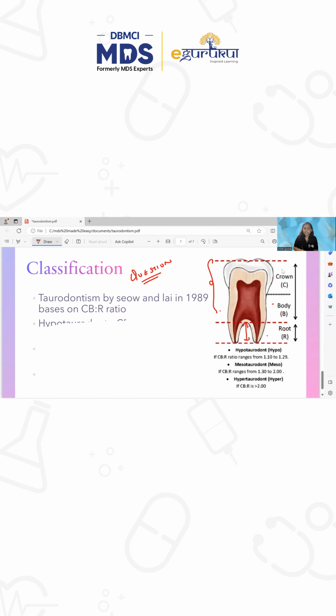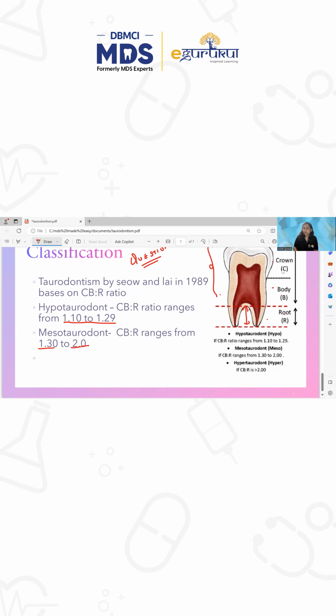Based on this, they have classified hypotaurodontism, where the crown body to root ratio ranges from 1.1 to 1.29. In mesotaurodontism the ratio is 1.3 to 2, while in hypertaurodontism the root is very small, almost fused root. That is why the crown body to root ratio is more than 2 in hypertaurodontism.